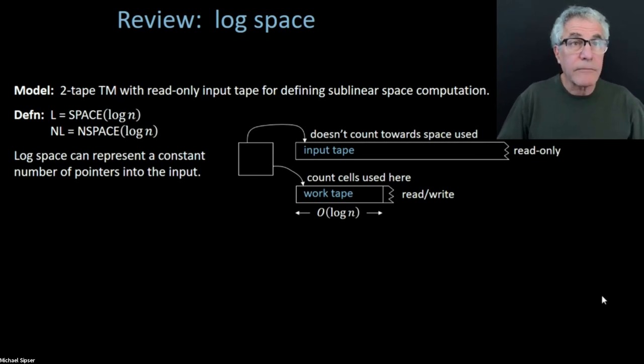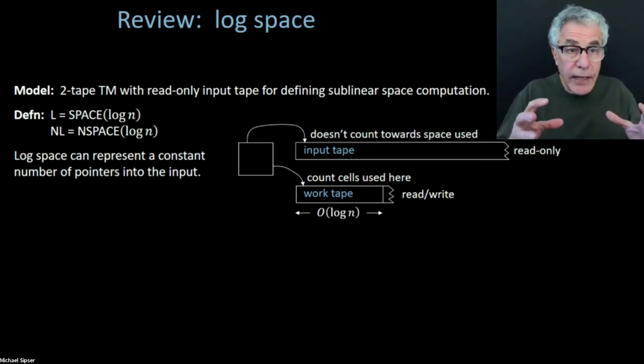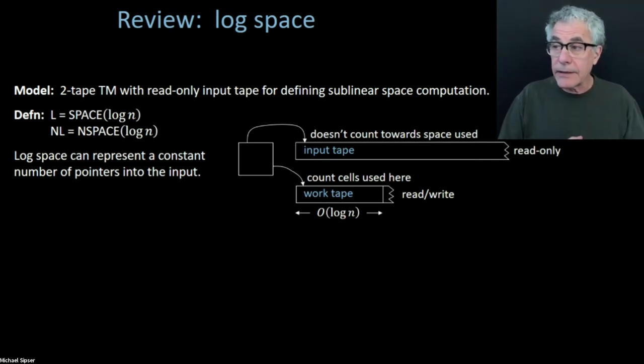In order to talk about space complexity classes that are smaller than n, we had to introduce a new model, which was the two-tape model, where there was a read-only tape that had the input on it, which you normally would think of as something very large, the whole internet, or something so big that you can't read it into your local memory.